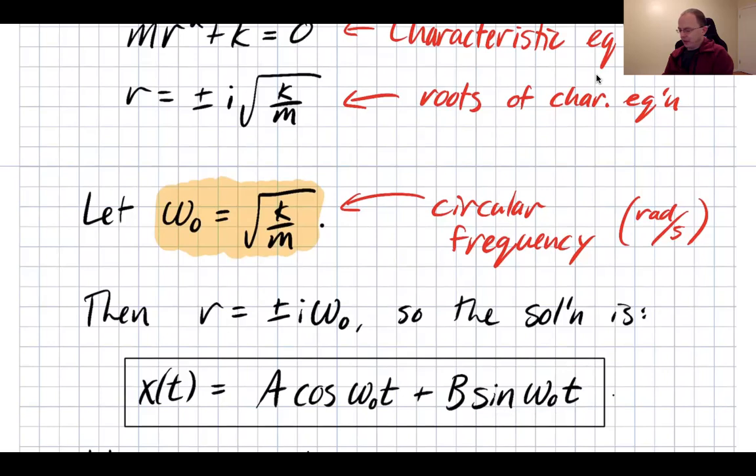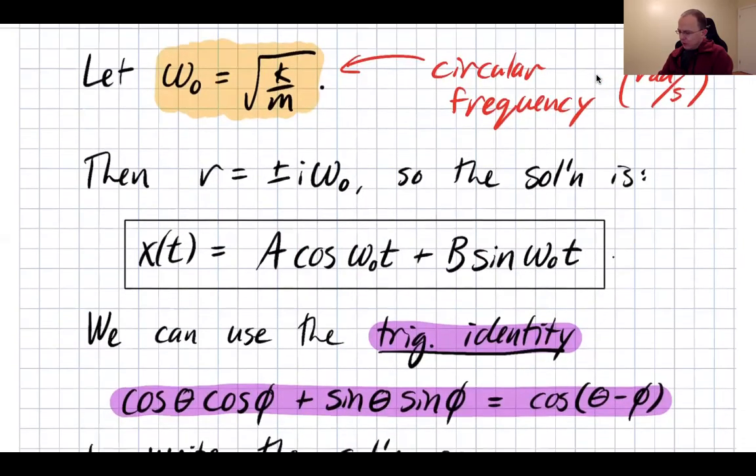And so we get a general solution to the differential equation by forming this linear combination of those 2 solutions. And instead of using C1 and C2, we're going to use capital A and capital B here. So it just makes things a little bit nicer notationally. So here we'll use A and B, and we'll see why in a bit.